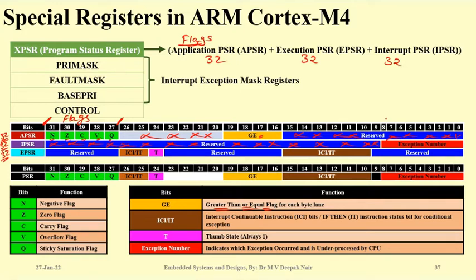Only bits 8 to 0 are used, which tell you the exception number. It indicates whether an exception has taken place or not, and whether the exception is being handled by the CPU or not. So this will tell you about the exceptions. In total, if you check, there are 9 exception bits.